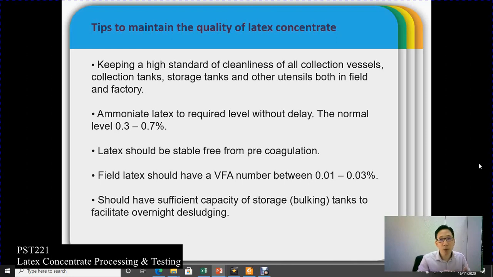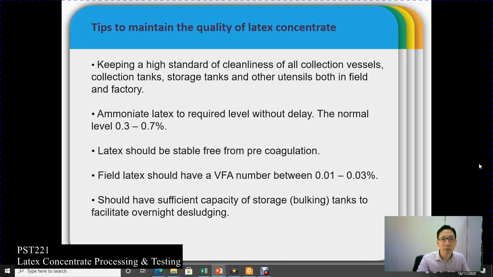But the most important part is you need to add your ammonia and preserve it immediately without delay, because although you can adjust the pH and the ammonia level later on, the problem is with the VFA number. If you delay the process, the VFA number will be affected.